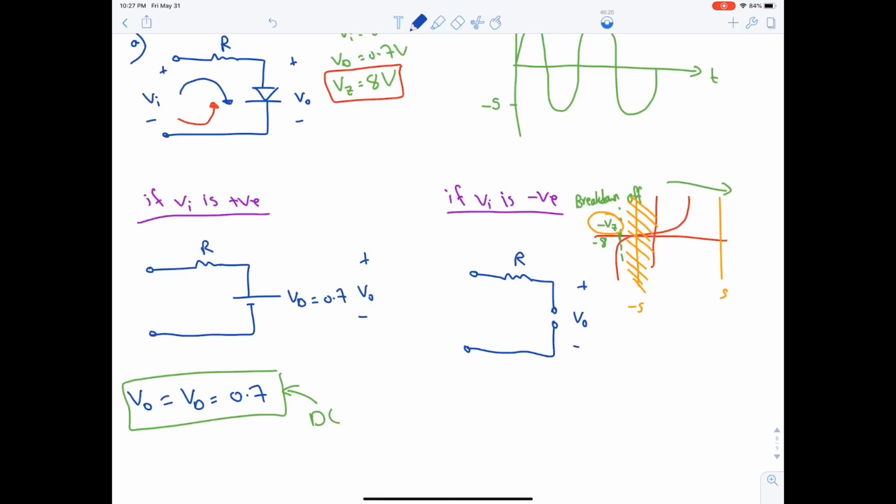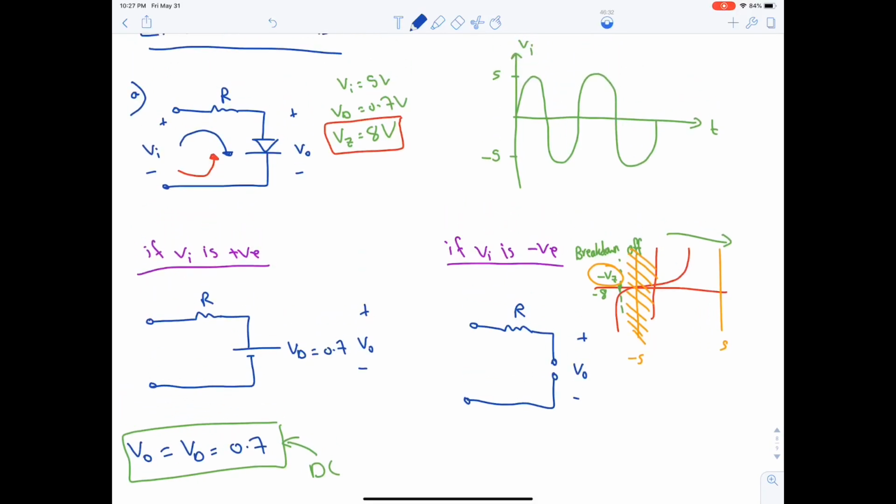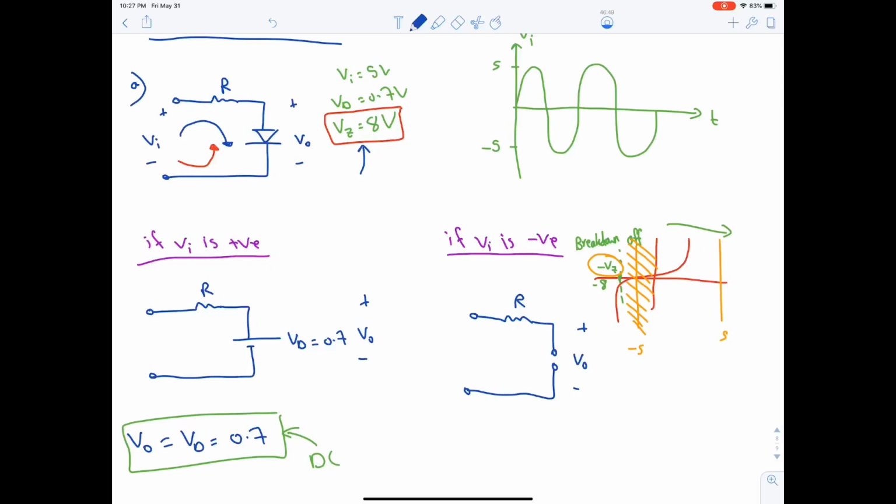In all the previous videos and examples, I only said it's off. The reason why is because now we have been provided with a value for VZ. Whenever you have a value for VZ, then you have to check whether the diode is really open circuit or it's in the breakdown region. If it's in the breakdown region, I will tell you later what will happen.